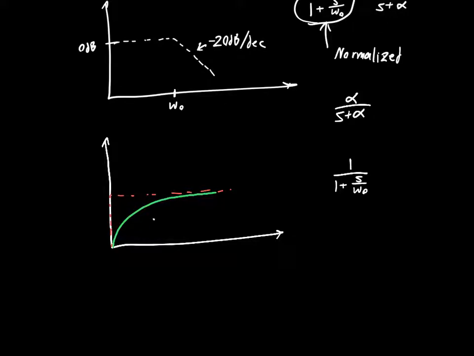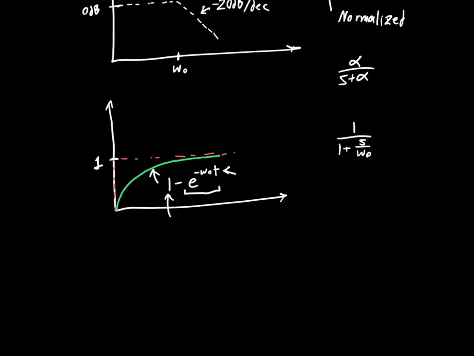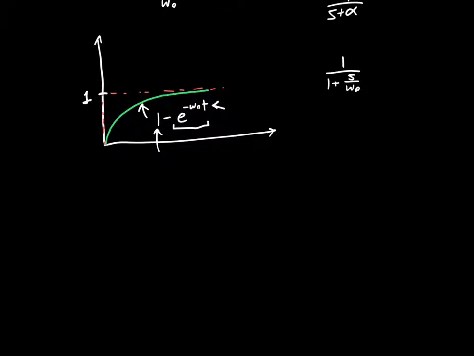The equation for this is just 1 minus e to the minus omega naught t. So as t becomes very large, this term becomes very small, and we just approach the value 1. This is assuming a unit step. Well, that's been beaten to death in basic linear systems analysis.